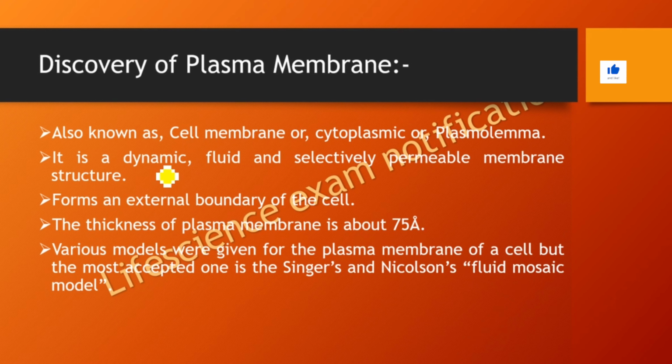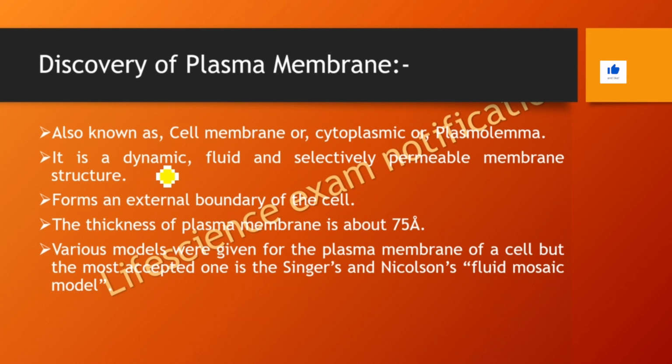So the very first model of plasma membrane was the Overton model. This model was given by Overton and hence named the Overton model. So what Overton observed was that substances which are soluble in lipid can only selectively pass through this membrane.